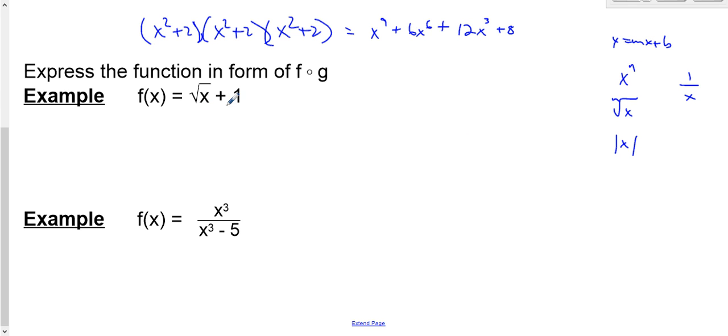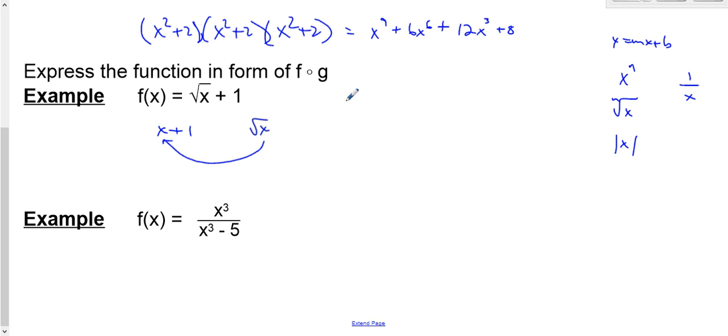And when we look at this, we have the square root of x plus 1. So we could look at this as: we took the square root of x and we plug it into x plus 1. We have x plus 1 and we have the square root of x. And the square root of x was replacing x in the x plus 1.